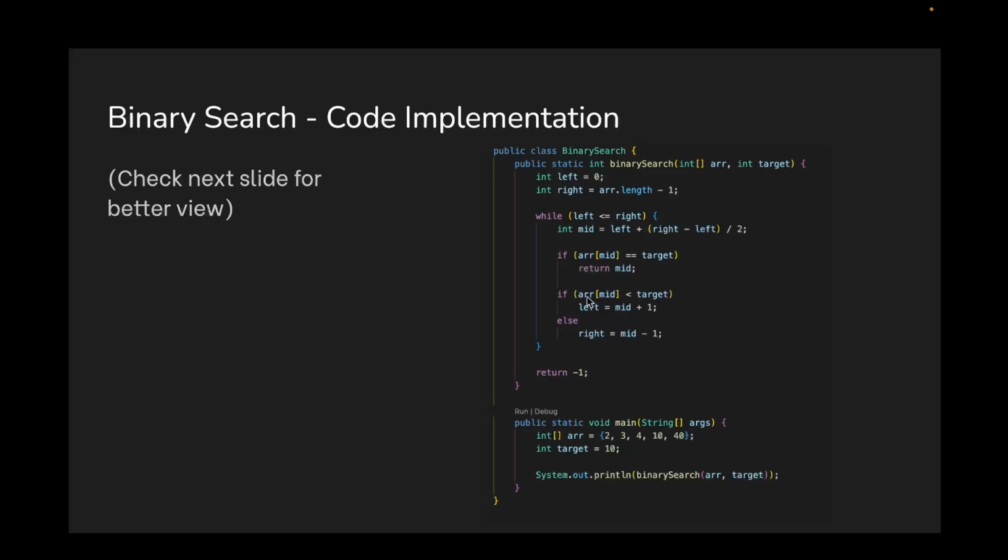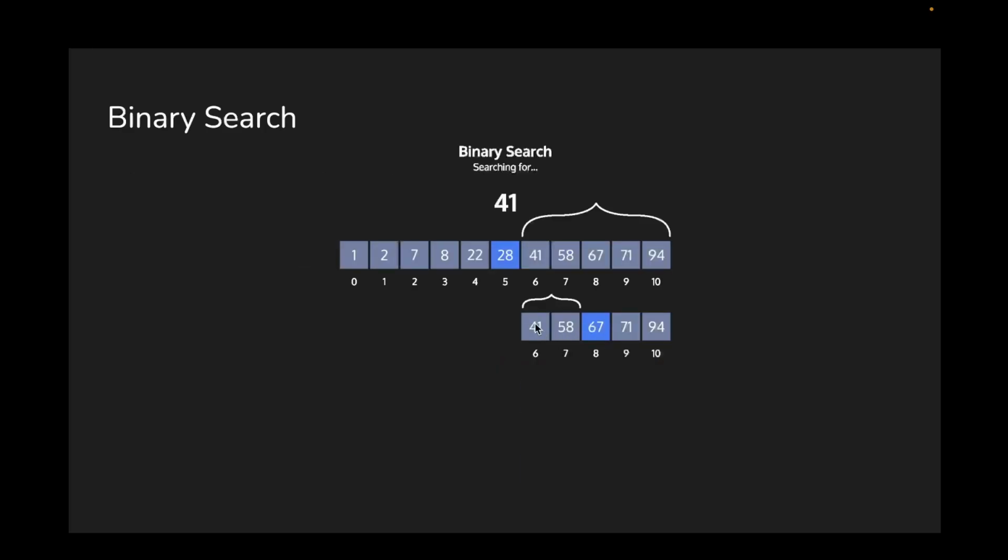If the array at the middle index is less than the target, that is, if the target is greater than this middle value, then we're going to have to search the right side of the array. So we say left equals mid plus 1, otherwise right equals mid minus 1. So that's how we actually section off the parts of the array like this.